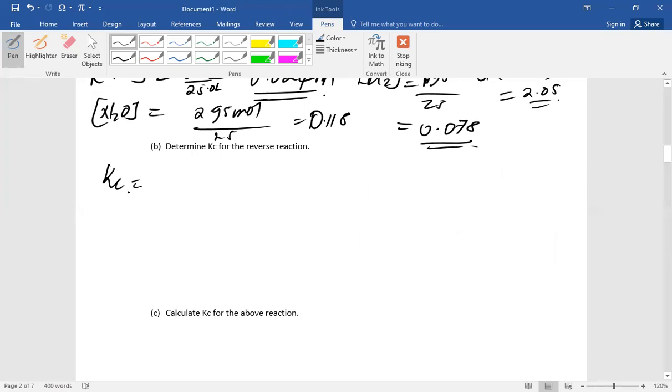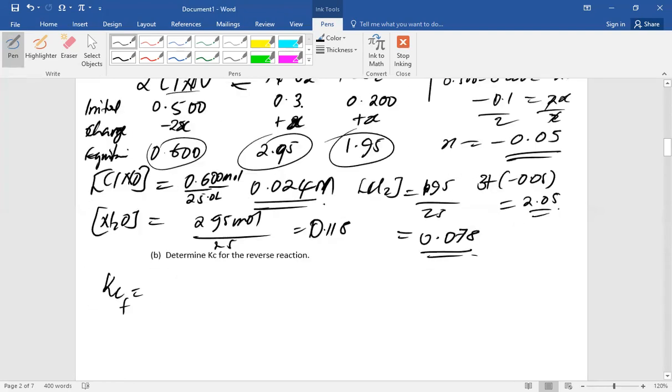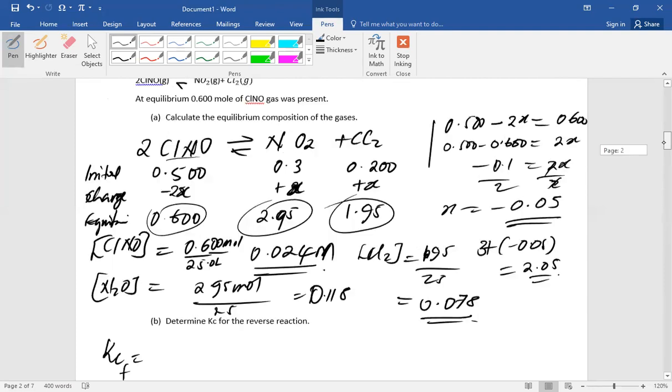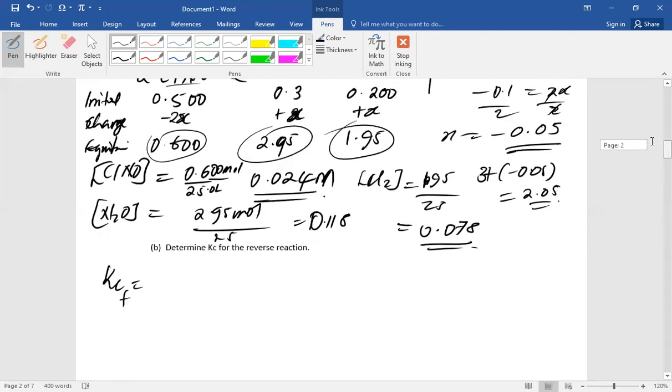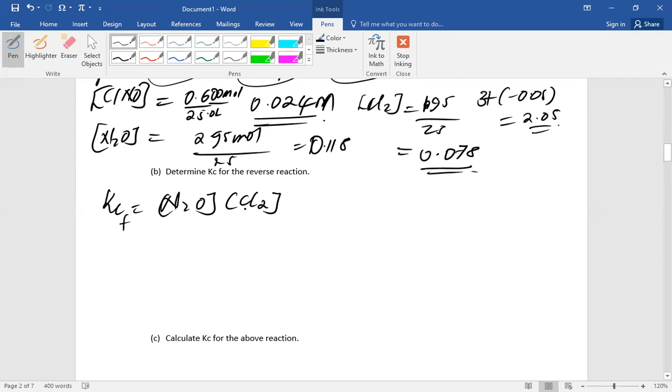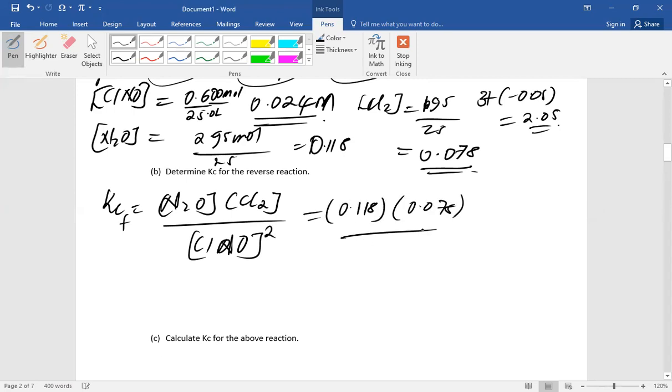Kc for the forward reaction will be given by the products, which is N2O and CO2, and then we divide this by ClNO. For nitrogen the concentration is squared, and CO2 is 0.078.